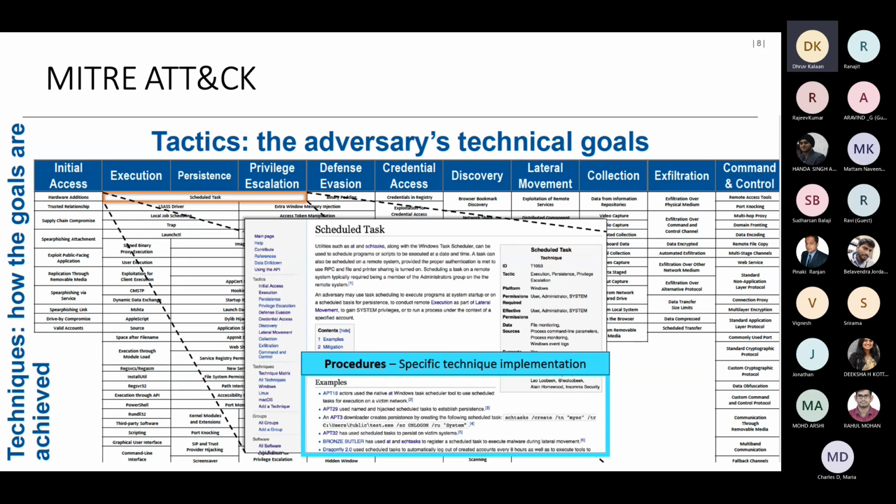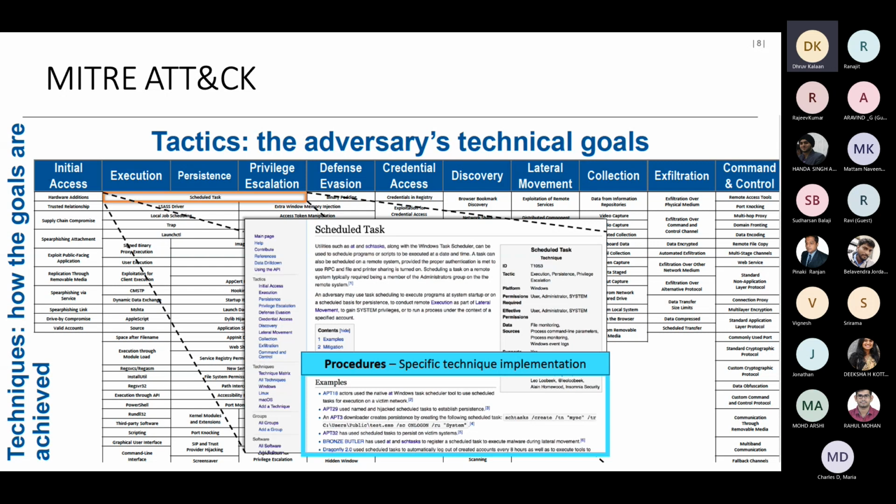We don't have phases anymore. We don't have who's the attacker, what are they doing, what is the IP address, blah, blah, blah. We don't do all of that. What we focus on is what are the tactics of the attacker that is actually there. So how do they do initial access? What is the execution? What is the persistence?